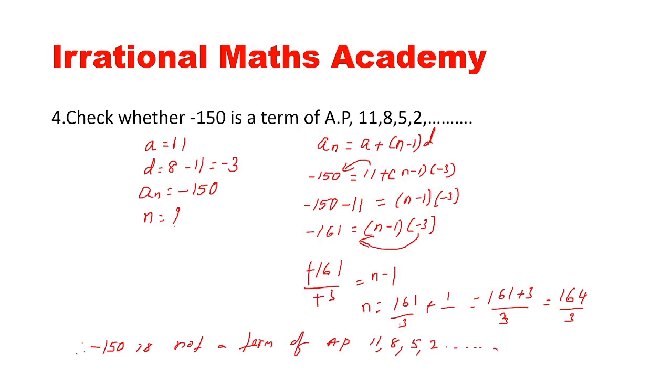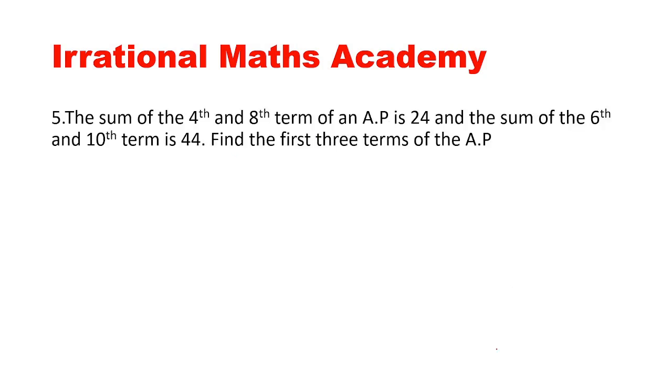Next, the sum of the fourth and eighth term of an AP is 24, and the sum of the sixth and 10th term is 44. Fourth term plus eighth term sum is 24.